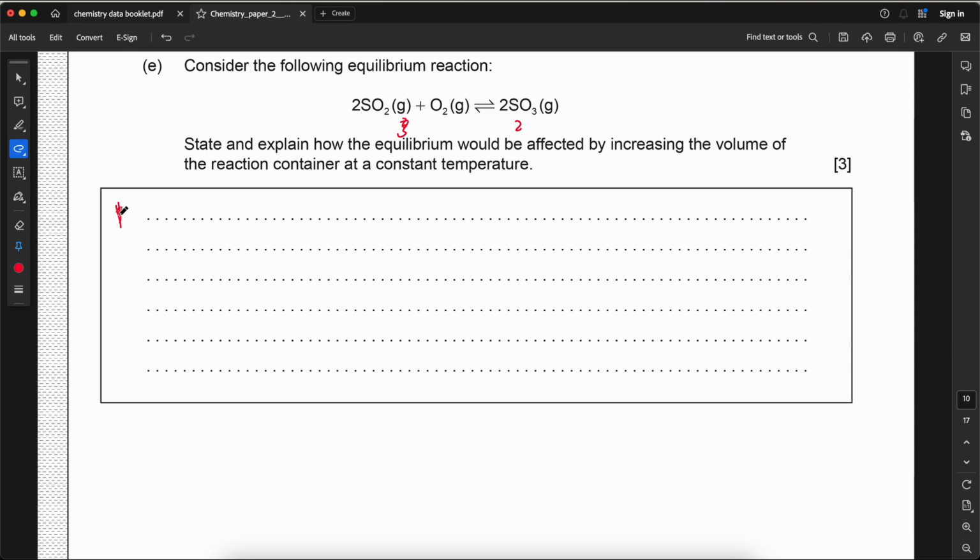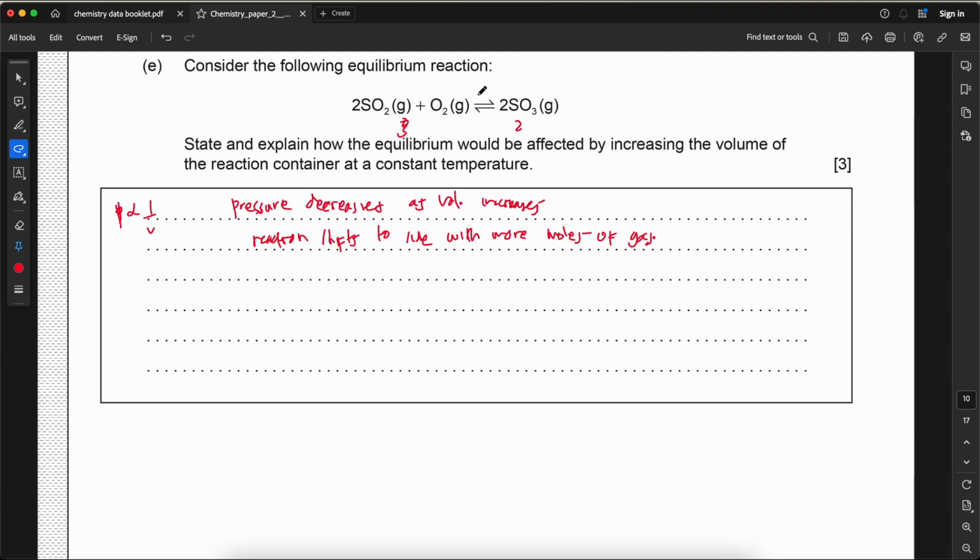Pressure is inversely proportional to volume. Therefore, if volume increases, pressure decreases. As volume increases, the reaction shifts to the side with more moles of gas.